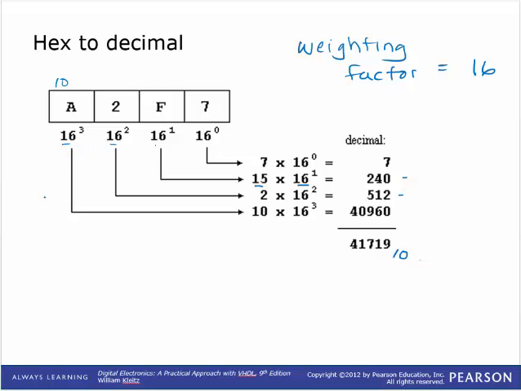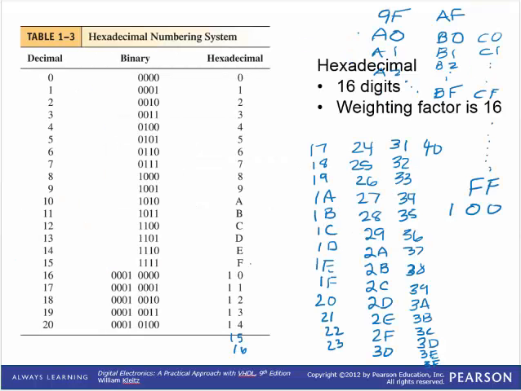Now this is kind of ugly, so let me show you a nice shortcut way. Before I show you the shortcut way, I'm going to go back to this slide for a moment. Notice these binary numbers.